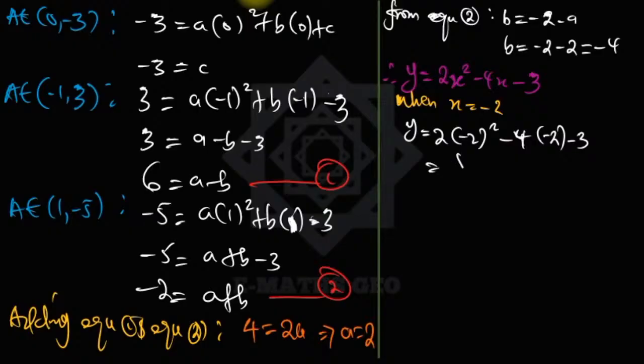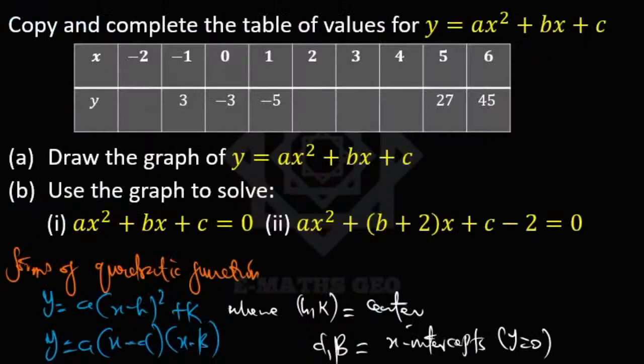So this is 8 plus 8 minus 3, so that should be 13. So when x is minus 2, y is 13. So the first value we've gotten.